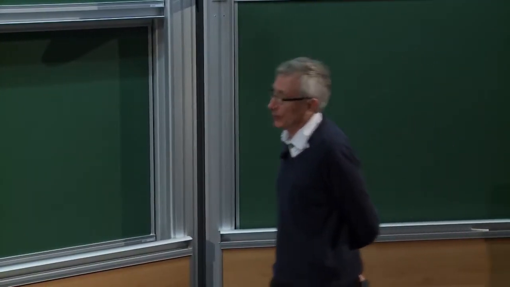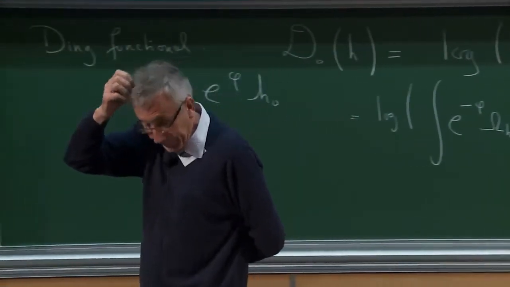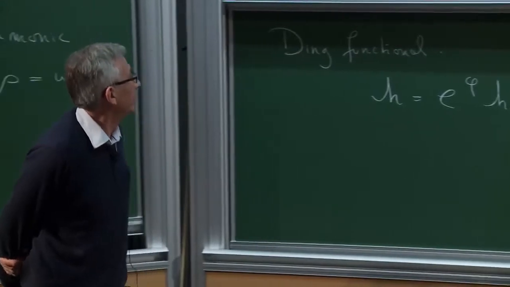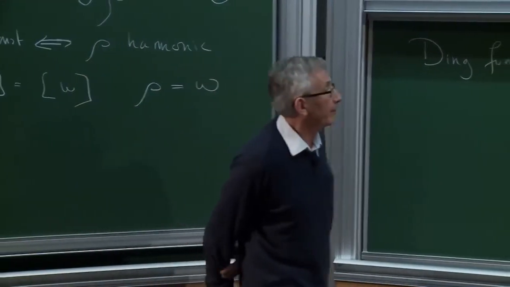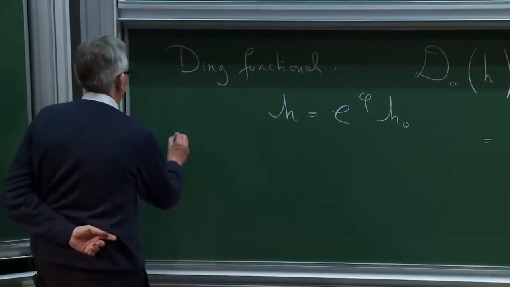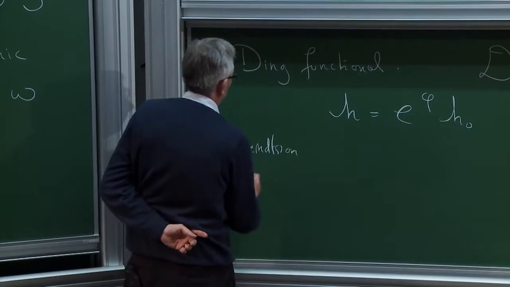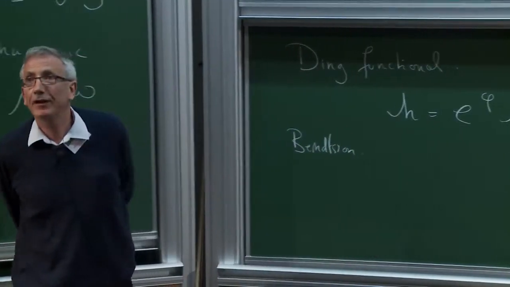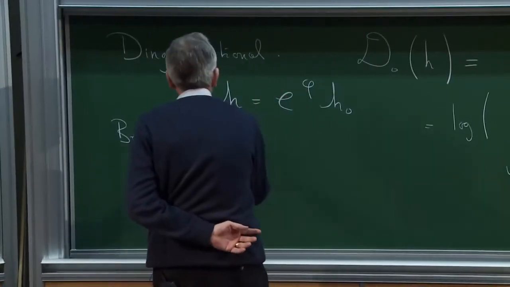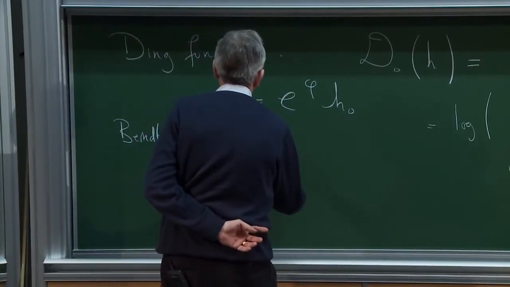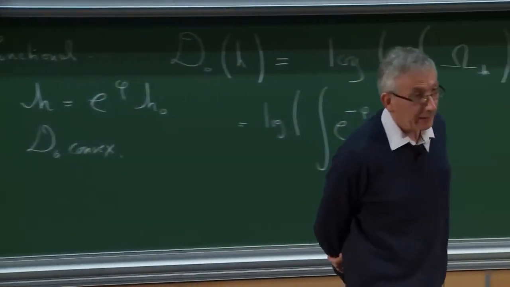And this was introduced, I think, by Ding perhaps in the 1980s or around about then. But relatively recently, it was discovered by Berndtsson that this function is convex in a certain sense. So D naught is convex in a sense that I will recall later on.